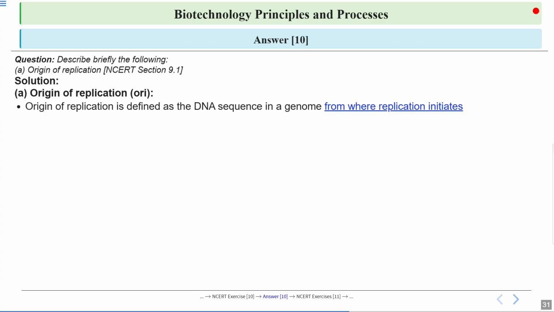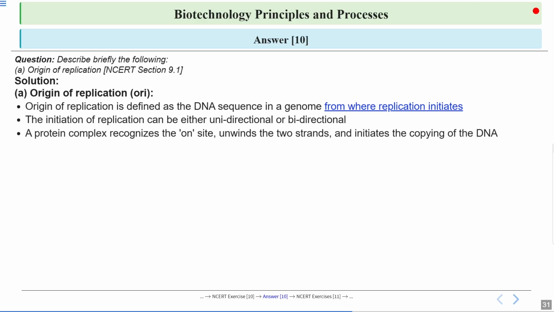In the same way, this vector also has the ORI region. The initiation of replication can be either unidirectional or bidirectional. So the replication can start in one direction or in both directions.